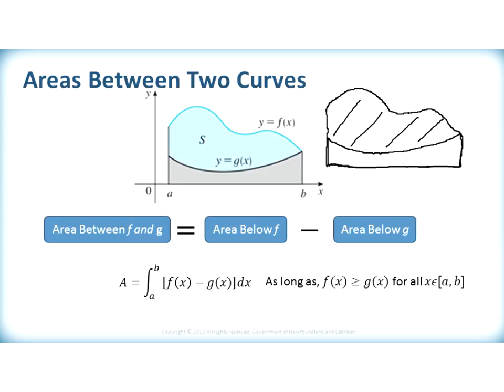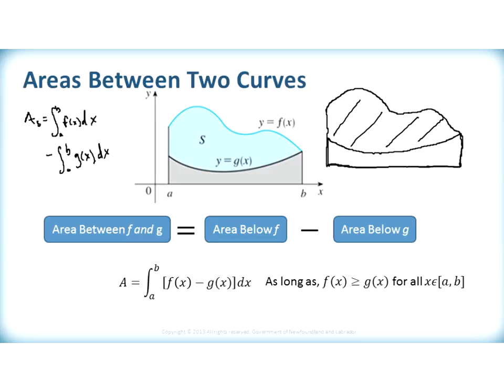So basically what that would mean is I'd get my area S by taking the integral from a to b under f and subtracting the integral from a to b that's under g, and that should give us the proper area.